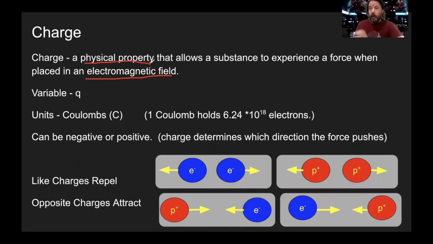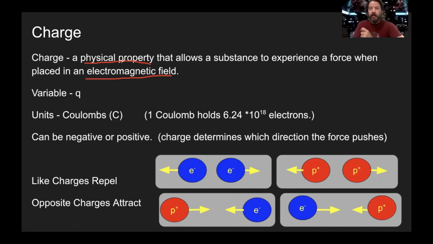Big objects like a whole balloon can have charge, but a proton has charge, so the tiniest, smallest piece of matter can also have charge. The quarks also have a charge. So we can have charge at all kinds of levels of materials.